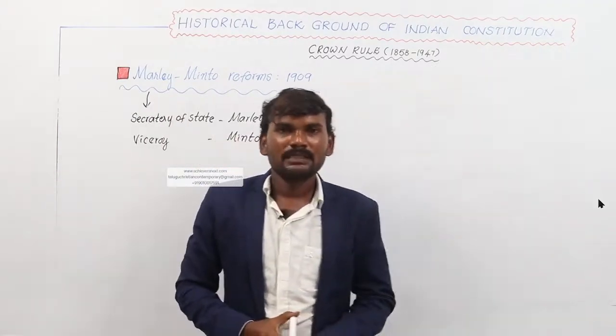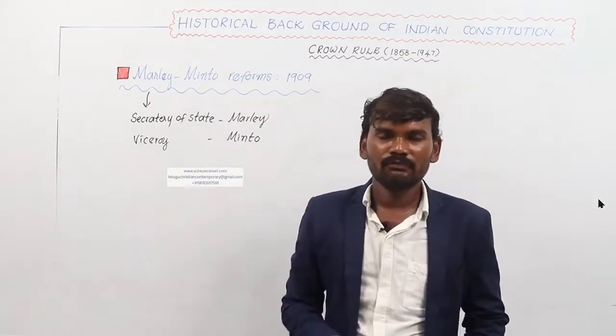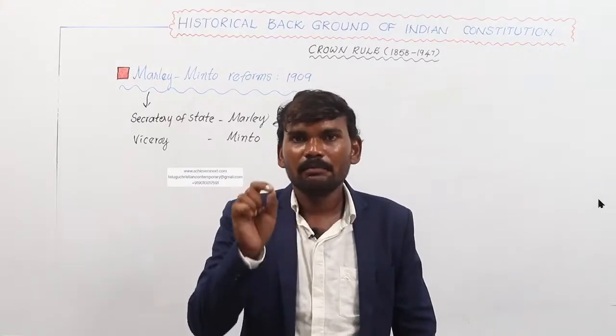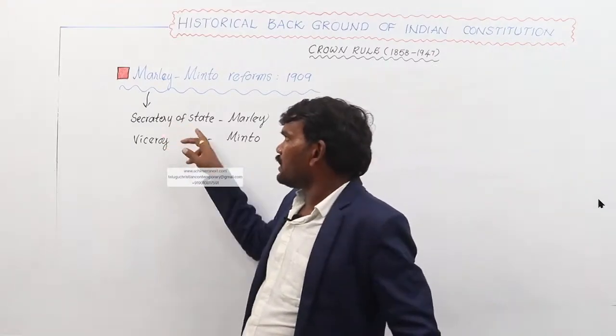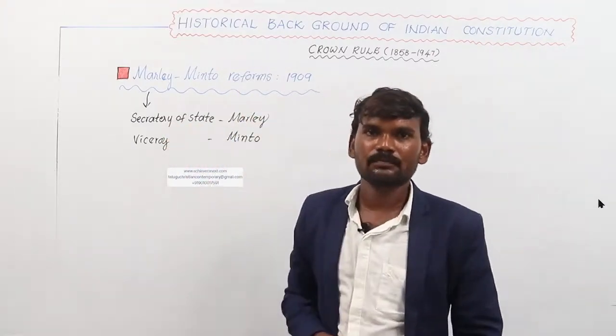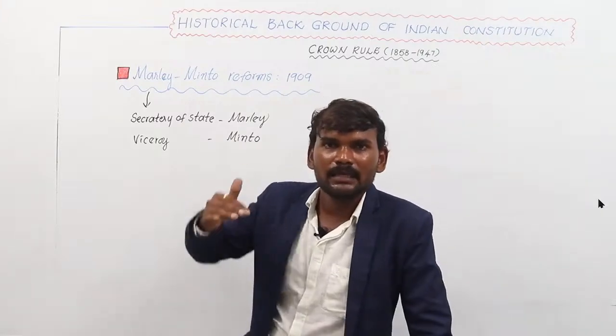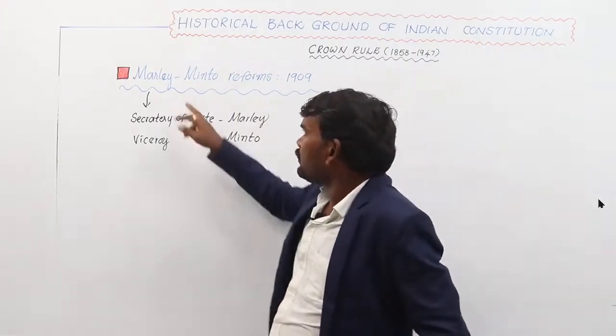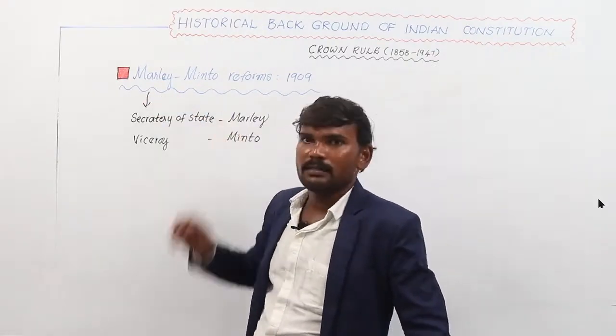By the names of these two personalities, this act is known as the Marley-Minto Reforms, not Minto-Marley Reforms. Why? Because the Secretary of State has a higher designation than the Viceroy. That's why he was placed first.